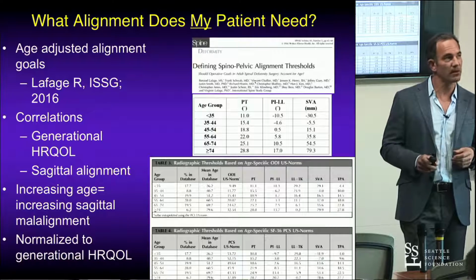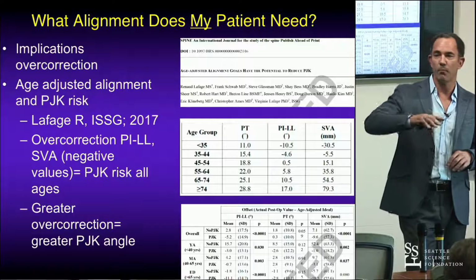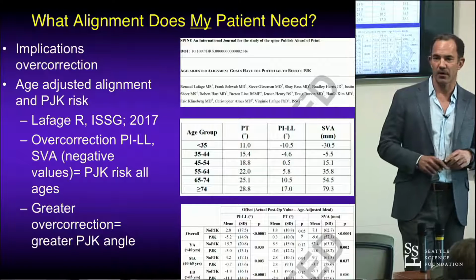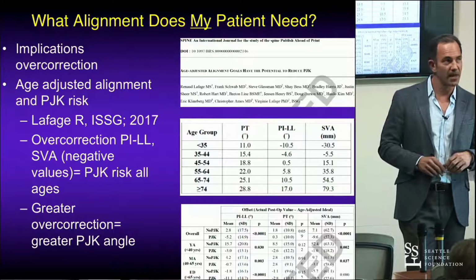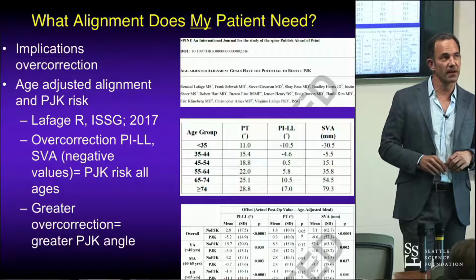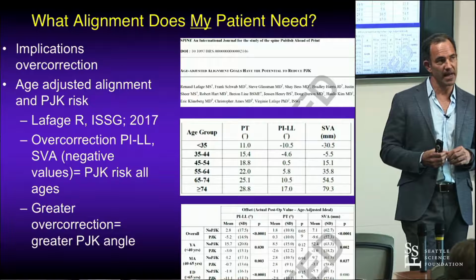And then we also looked further, and we saw that if you went beyond the correction, right? If you exceeded those age generational alignment parameters, they're at enormous risk for junctional kyphosis, namely overcorrection, lordosis gap, as well as overcorrection of SVA.